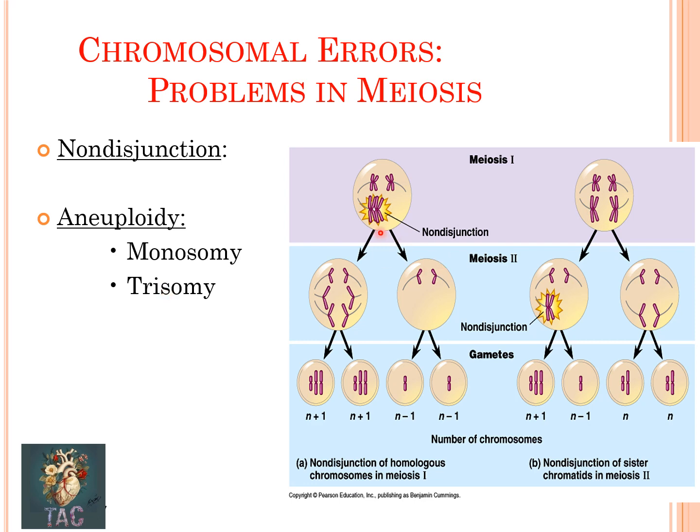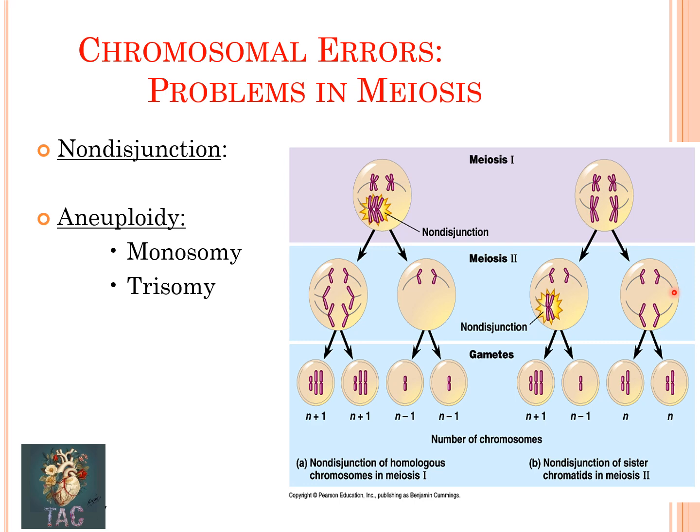In this diagram you can appreciate that the non-disjunction occurs at this stage, and as a result one gamete has more chromosomes and the other has fewer. This one has n minus 1, that is 22 chromosomes, and these have n plus 1, that is 24 chromosomes.